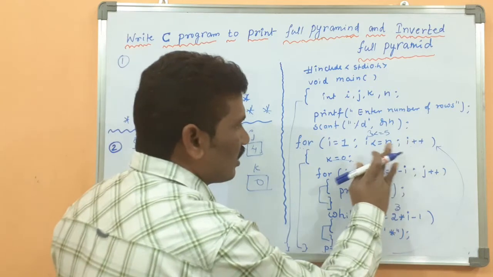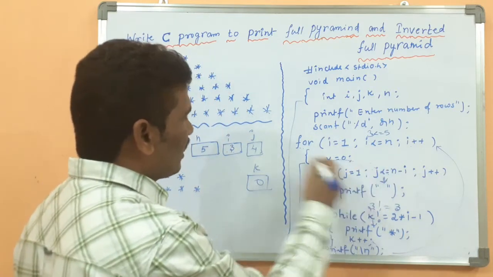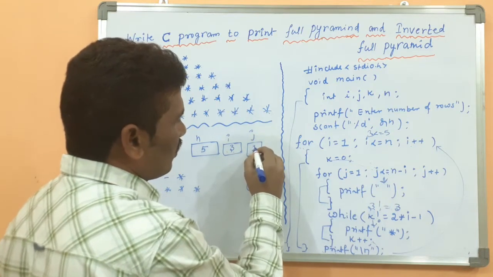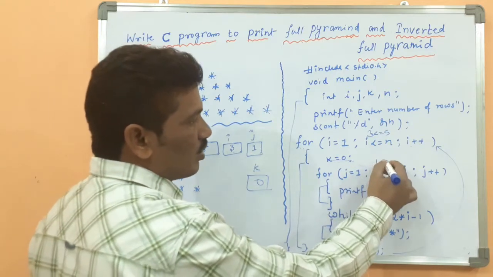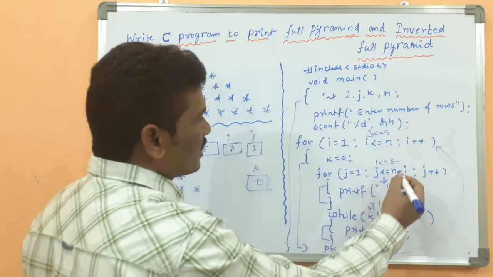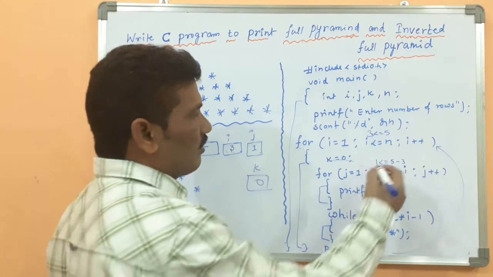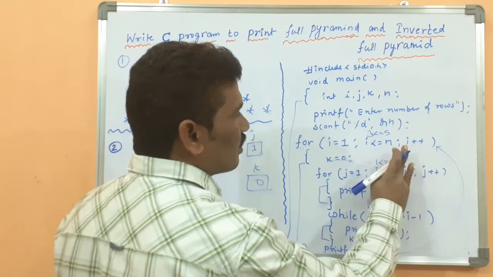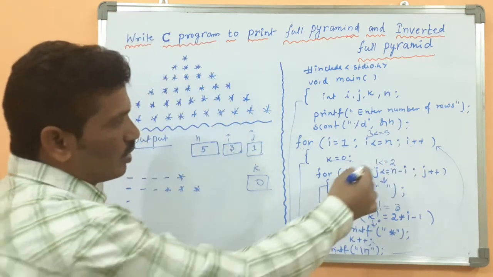Here again just erase these values. Then again the j value is reset to 1. Then j equal to 1. 1 less than or equal to n minus I. The n value is 5, minus the I value 3. Then 5 minus 3 returns 2. 1 less than or equal to 2, the condition is true.